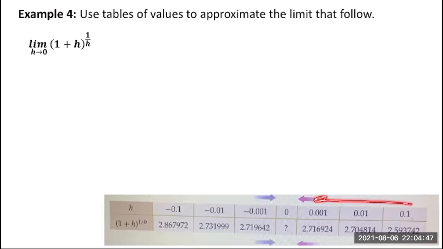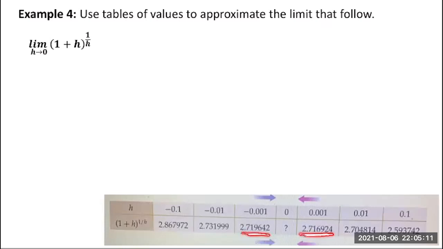Then let's observe what happens to our function value. My function is, of course, this one. So I plug in these h values into my function to calculate the corresponding function values, or the y values. These are the function values. As you can see, these values look like they are approaching some nice number. Look here, these two numbers are very close together, right?